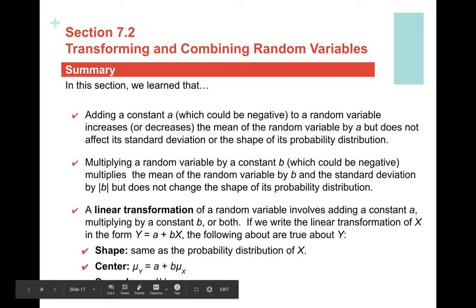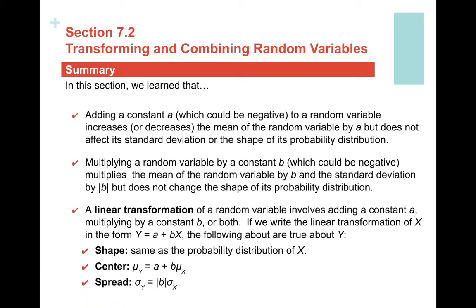So if y is a linear transformation of x, then the mu of y is equal to a plus b times the mu of x. And the spread is not affected by the shift a.